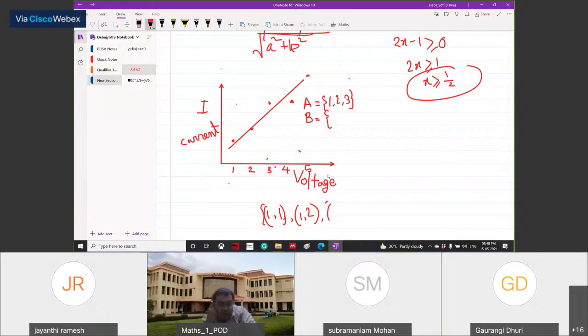So if it is like 1 1, 1 2, and maybe another thing, I can say 1 3. So a triangle can be in a transitive property. Suppose this is 1 comma 1, this is 1 comma 2, 1 comma 3.